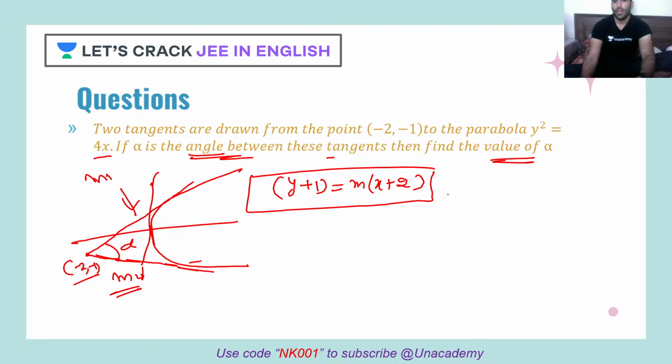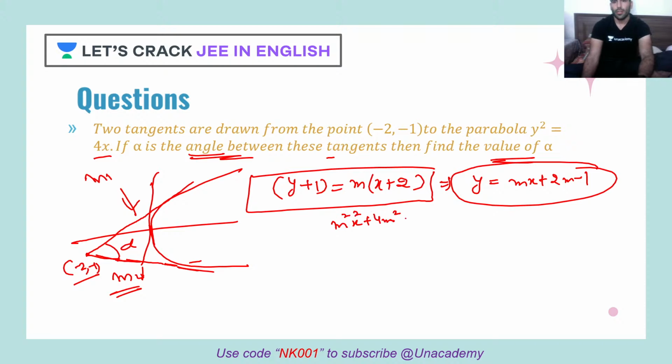It's very simple. I calculated the value of y from here: mx plus 2m minus 1. And I equated this to y square, so I'll just square it: m square x square plus 4m square plus 4m square x, plus 4m into mx, plus 1.